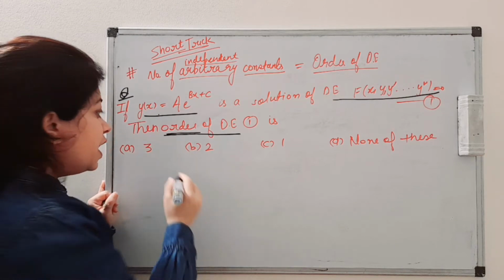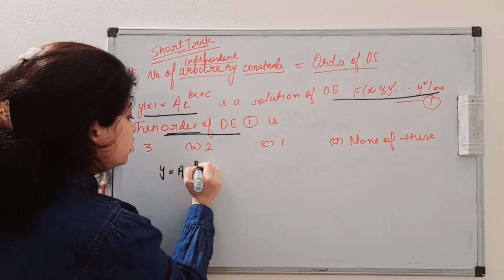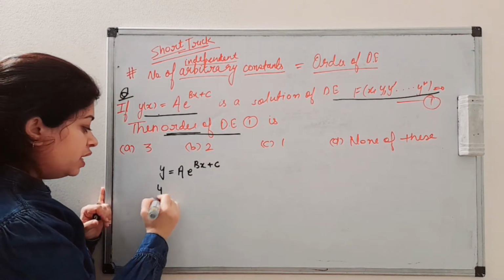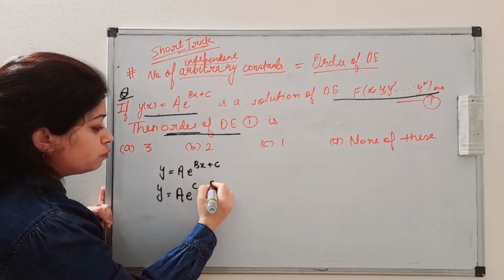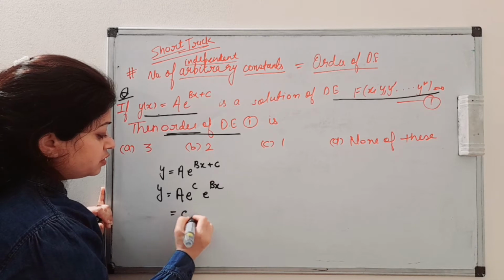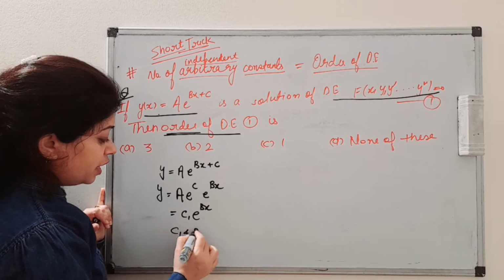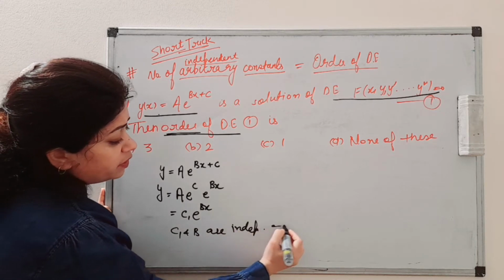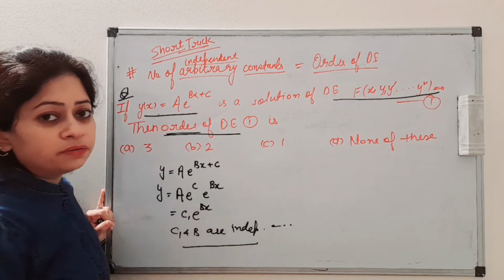For that we have this solution e raised to power bx plus c, and we just saw that we can write it like this: e raised to power c e raised to power bx, that means c1 e raised to power bx. Now c1 and b are independent arbitrary constants because c1 and b are not reducible.